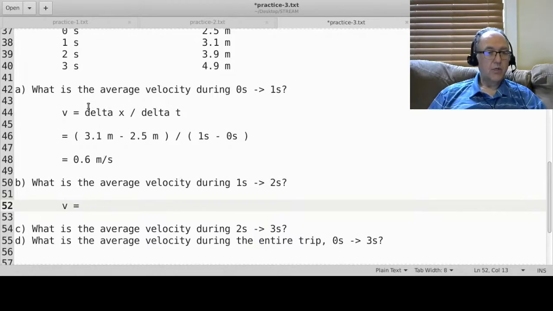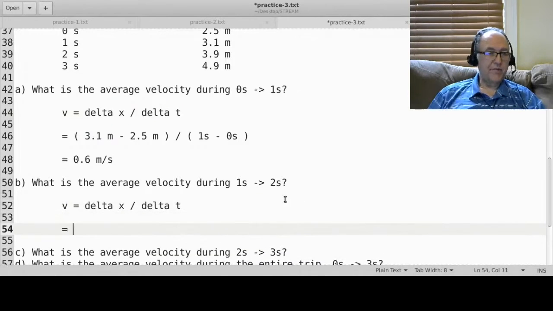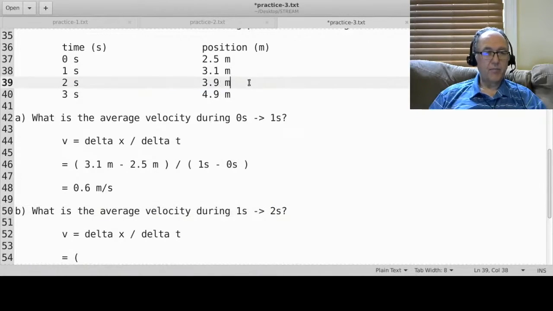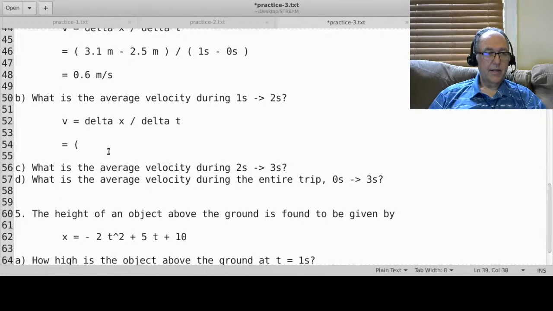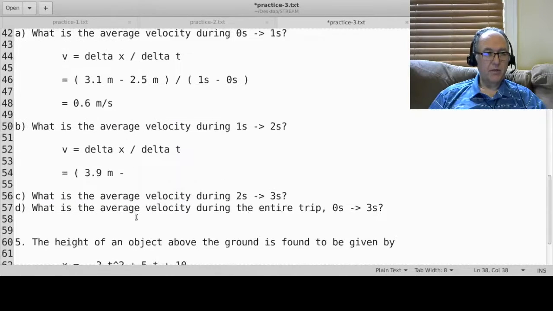So what's the average velocity during 1 second to 2 seconds? Well, it's the same formula, but now the numbers are different. Here we have the final position at 2 seconds. At 2 seconds, I'm at 3.9 meters. At 1 second, that's my initial position, I was at 3.1 meters.